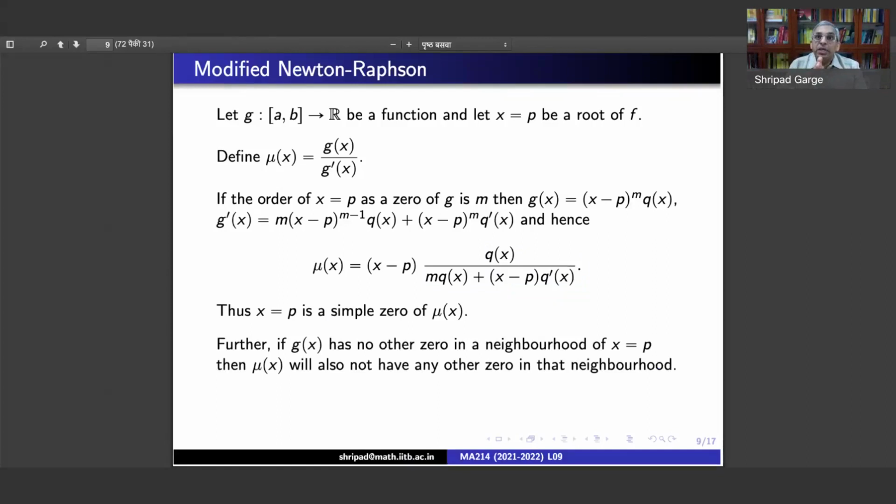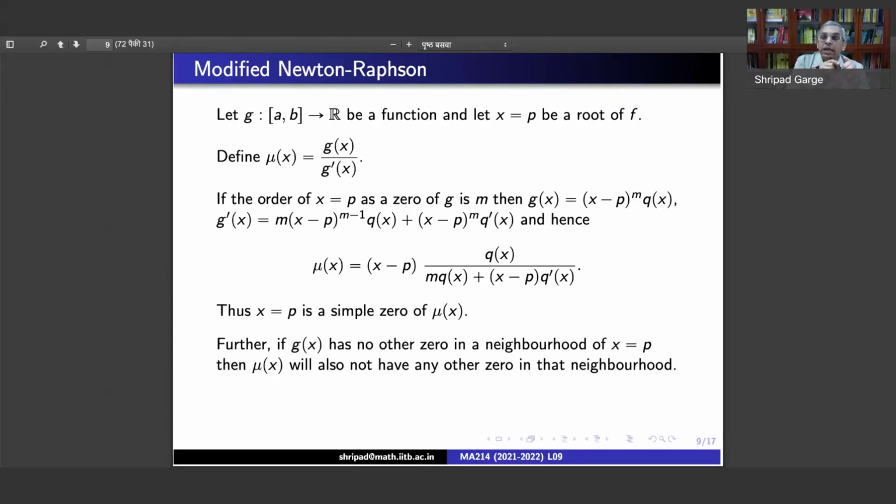Now whenever q is continuous and it is not 0 at a point, then there must be some small interval around that point such that q is non-zero on this whole interval. So therefore g(x) has no other 0 in the neighborhood of x equal to p, because you have written g(x) as (x - p)^m into q(x), and in that interval around p, q has no 0.